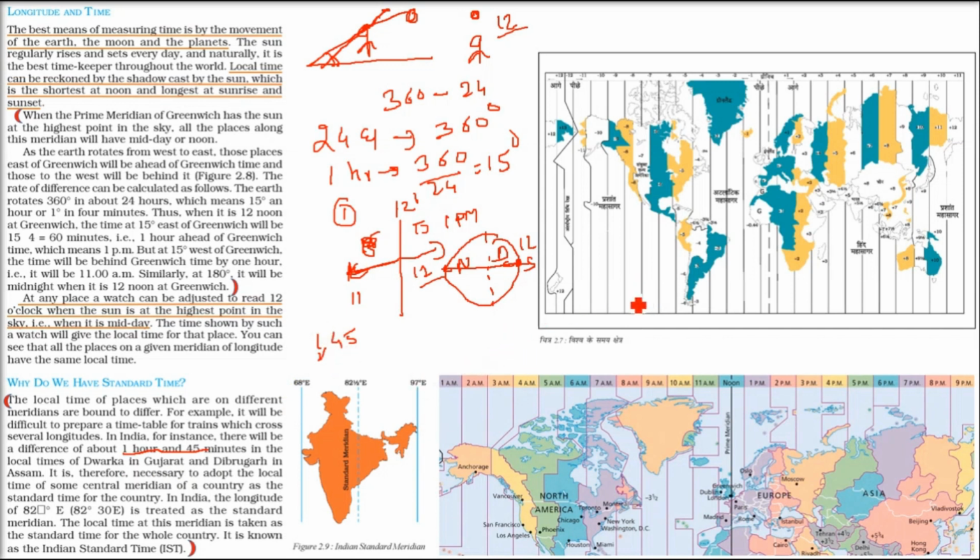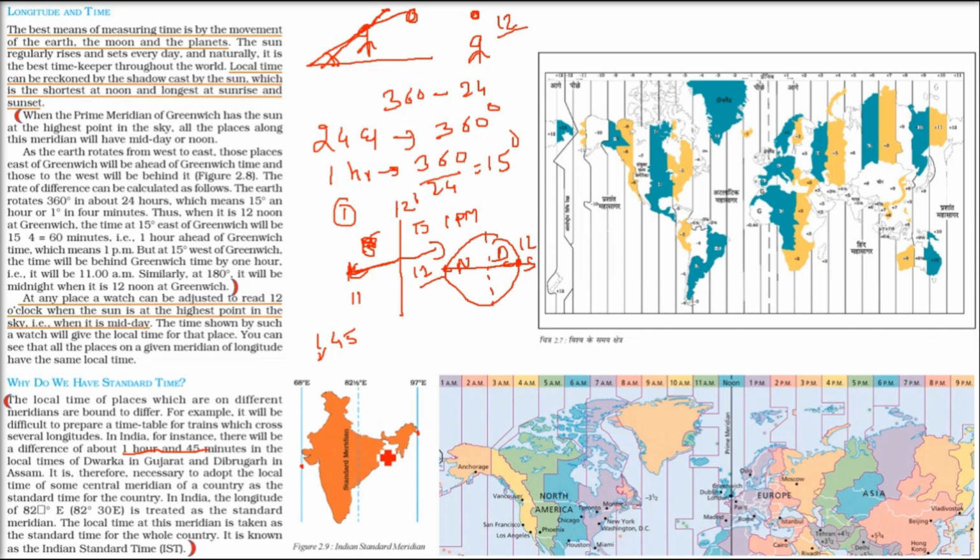Now take an example: train timing or aeroplane timing. If you have a watch here, your time will be something, and the other person standing here will have a 1 hour 45 minute difference of the time. So how to have a common time so that all the watches all over India have the same time?